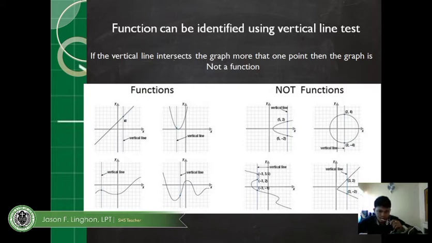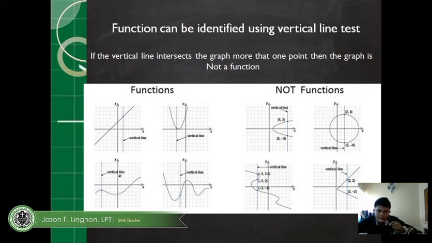Notice that the vertical line intersects just one point on the graph, so this is a function. Also here, we have this graph, a V, or a U, and our vertical line intersects at one point on the graph.